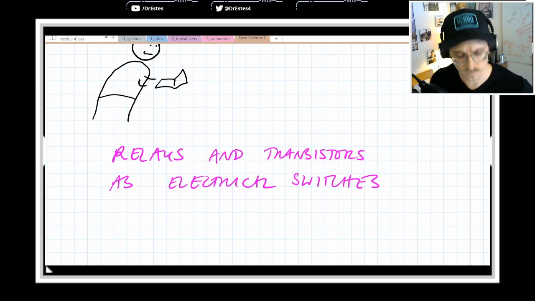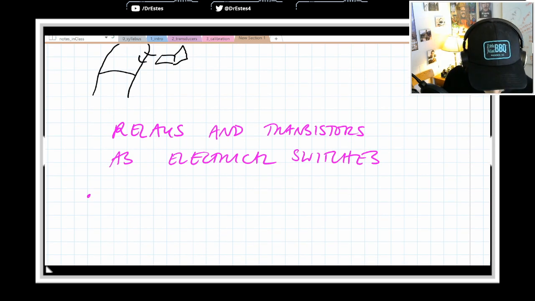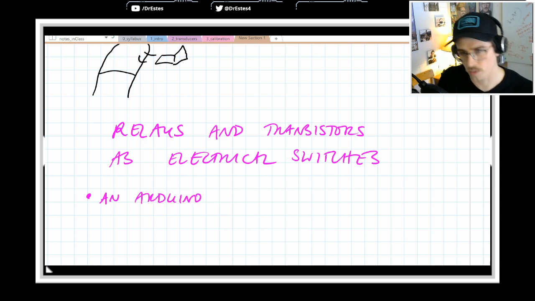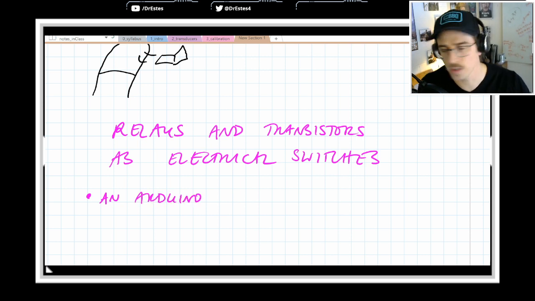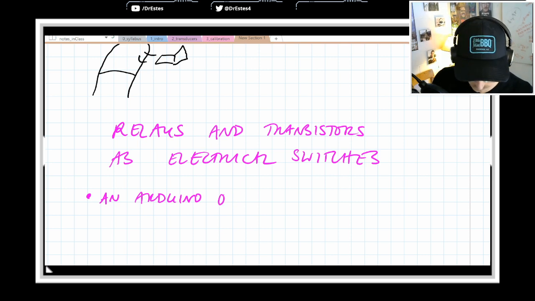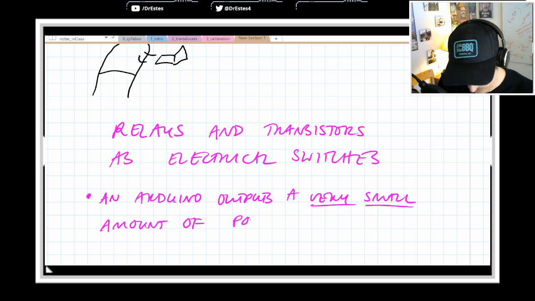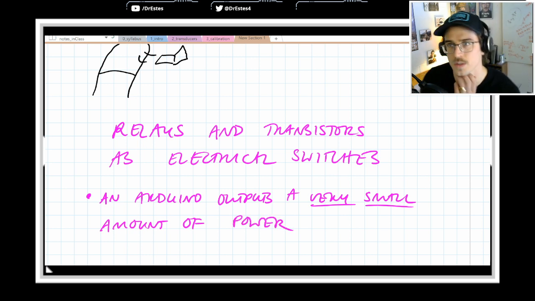Okay, so here's the point of this. An Arduino, or whatever, your Uno, so on, outputs a very small amount of power. So like in the first couple workshops, we've been turning on and off LEDs.